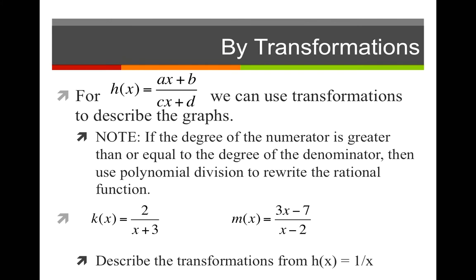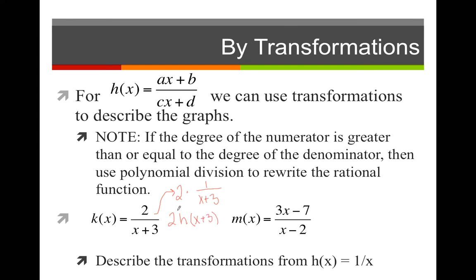So first, I want to look at k of x. If we said h of x is 1 over x, I can rewrite this function as 2 times the fraction 1 over x plus 3, which would actually be 2 times h of x plus 3.